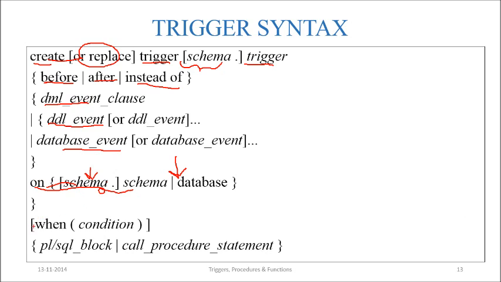Then we specify the WHEN condition, which restricts when the trigger block is going to be executed. Then comes the PL/SQL block, which contains what is done through this trigger.